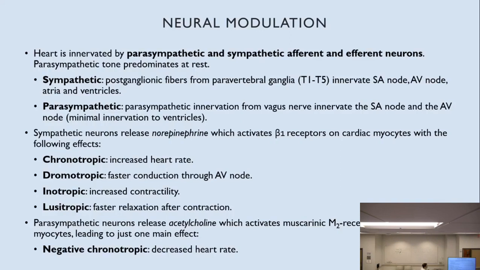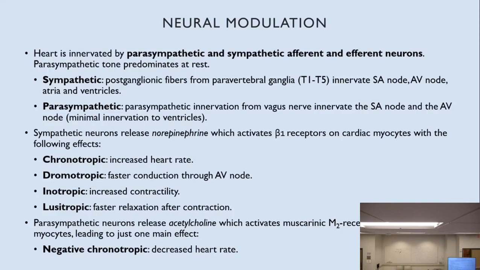Okay, parasympathetic neurons, to the contrary, they activate muscarinic receptors. M2, remember I told you M1, M2, the rest of the body has M3, M1, M2. M2 receptors have only one effect. That is easier, negative chronotropic effect. So the only thing that is going to be affected is the heart rate.